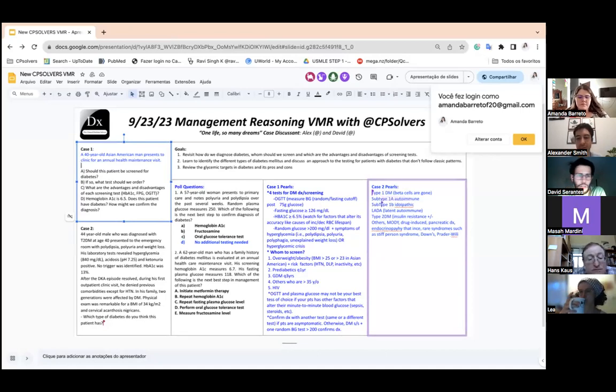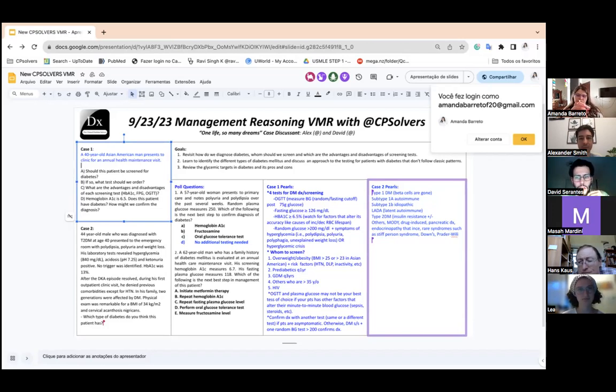So it seems there are features of type 1 and type 2 diabetes in this case, but the acanthosis nigricans, which suggests insulin resistance, the age of presentation, and the obesity seem to be concordant with type 2 diabetes. But the fact that makes us think of type 1 is the presentation with DKA. But as I've said, there is a subset of patients with type 2 diabetes that can present with ketosis.